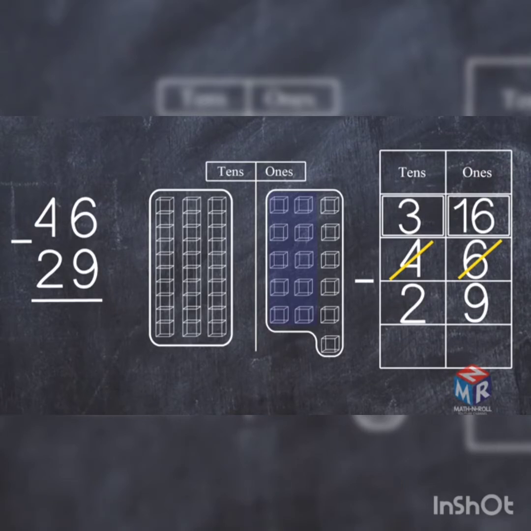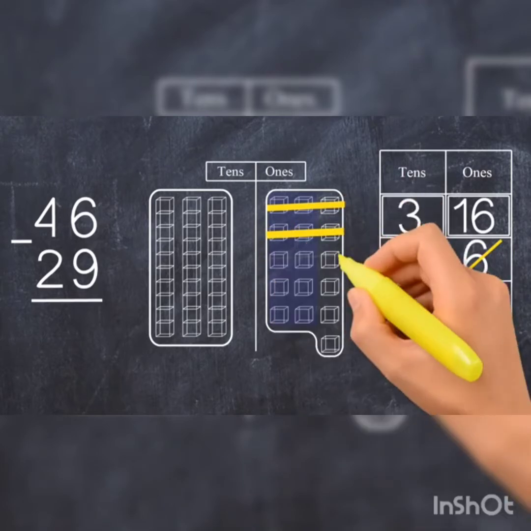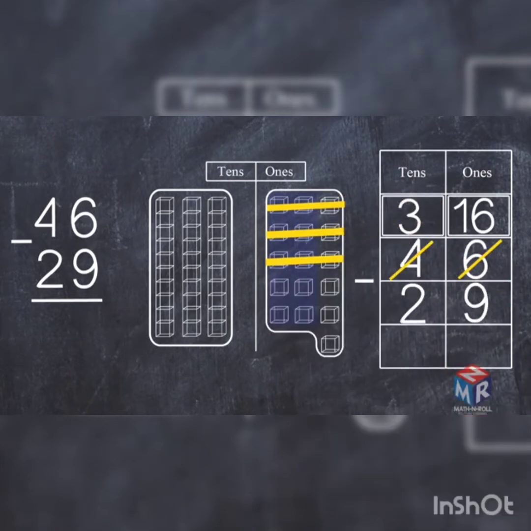Then you can subtract 16 minus 9. 16 minus 9 is equal to 7. You can take 9 fingers and subtract 9 fingers from 16. You can count backward. 16 minus 9 is equal to 7.